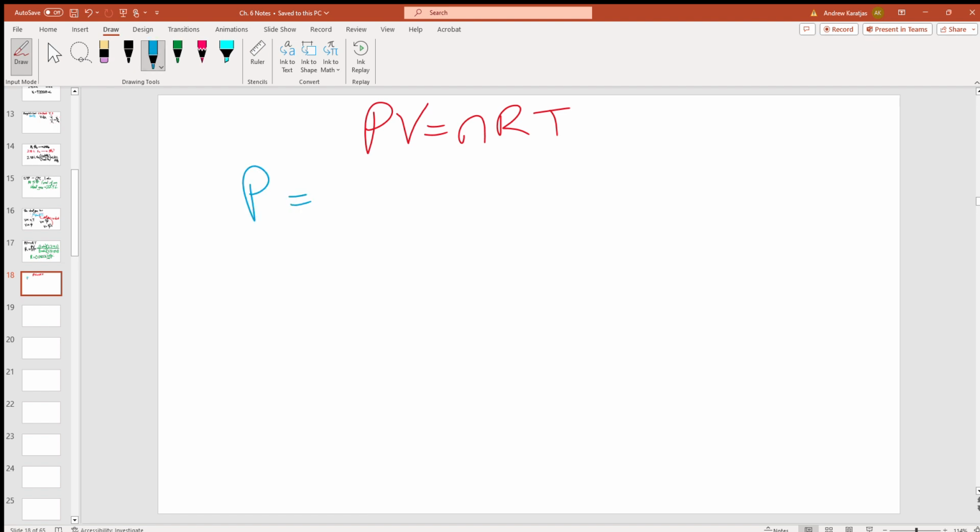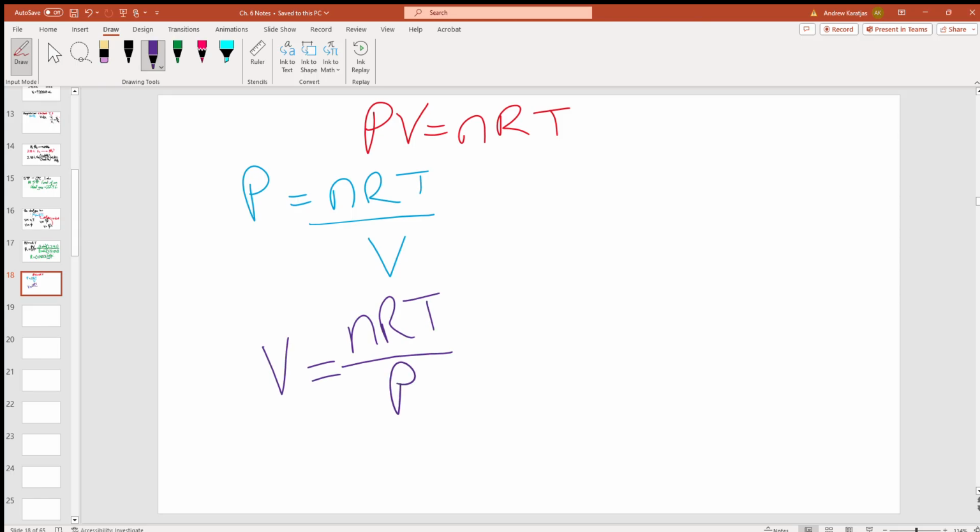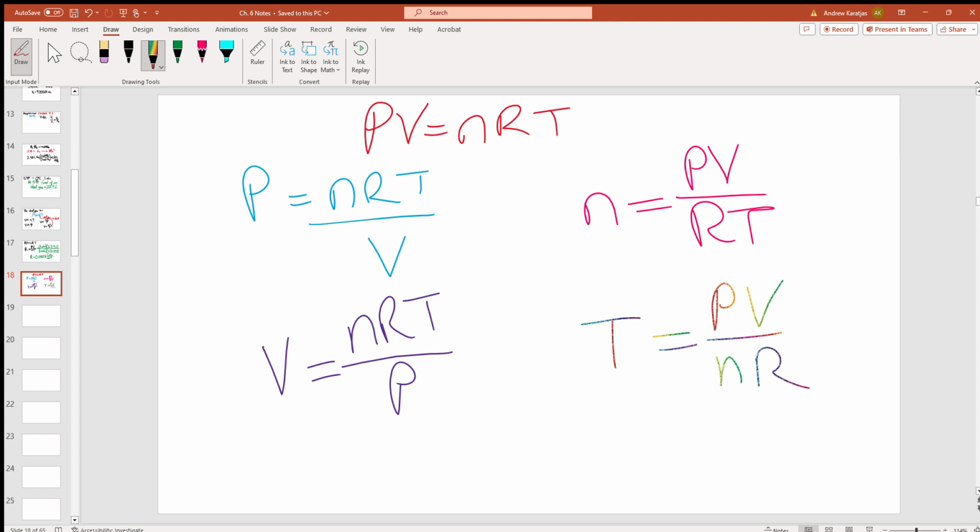So you could say pressure is nRT over V, volume is nRT over P, number of moles is PV over RT, and even temperature is PV over nR.